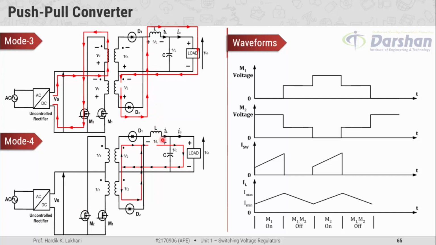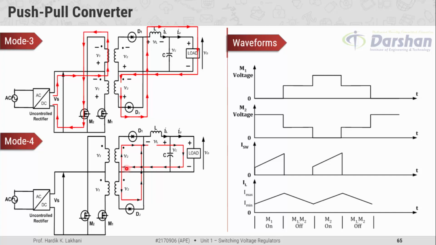So the right hand side terminal has become positive and the left side terminal is negative. So current starts from this positive terminal of the inductor, it flows through the load, it reaches the center point of the secondary winding. The current gets divided into two equal parts.